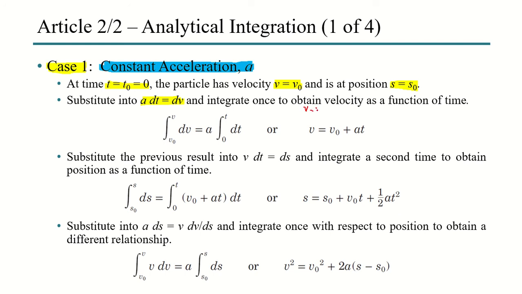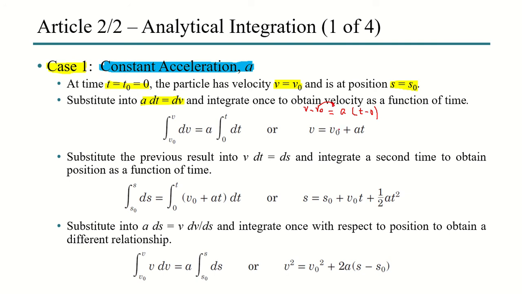minus v sub 0. Okay, so this is the result after evaluating this, equal to a times, so substitute the limit, t minus 0. Okay, so after that you transpose this v sub 0 to the right side.